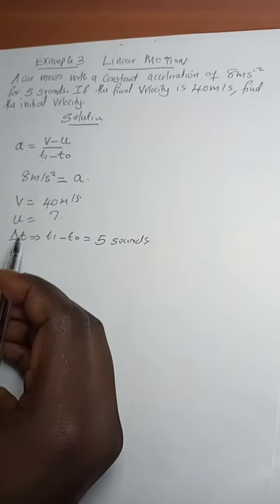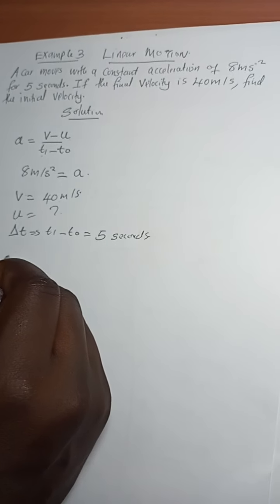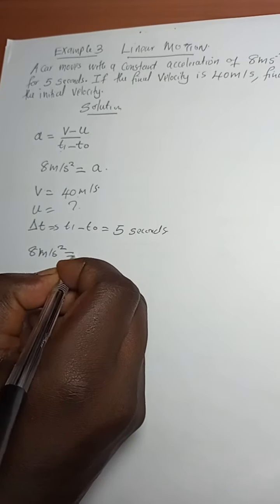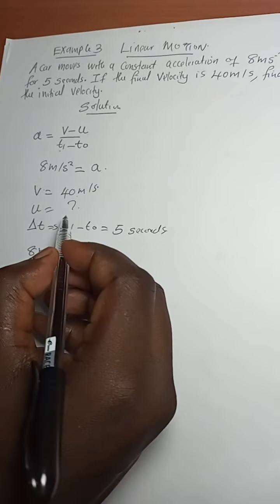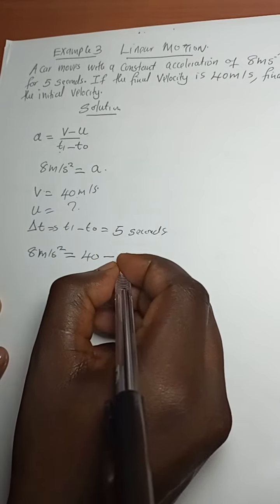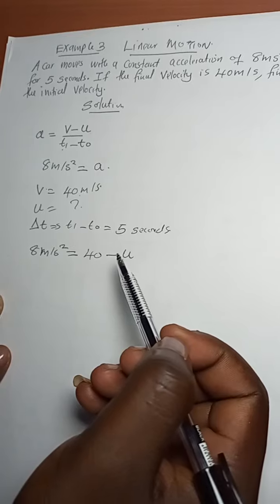So therefore, when we substitute all these values, we get 8 meters per square second is equal to v, which is 40, minus u. Let us just leave it with u because we don't know the actual value.